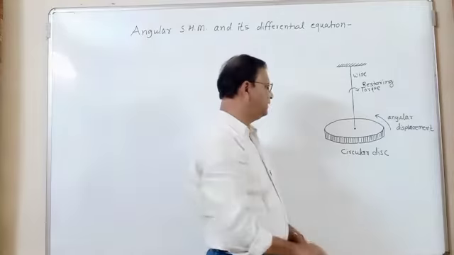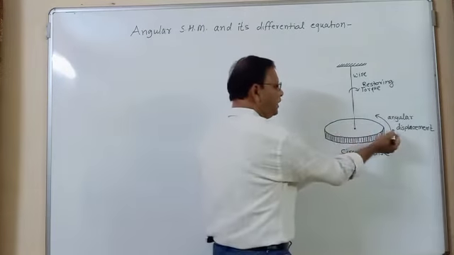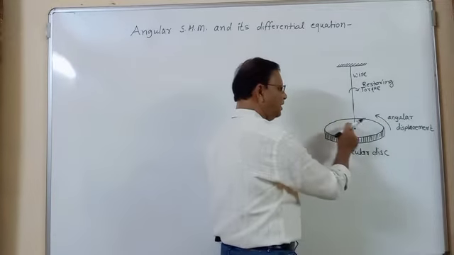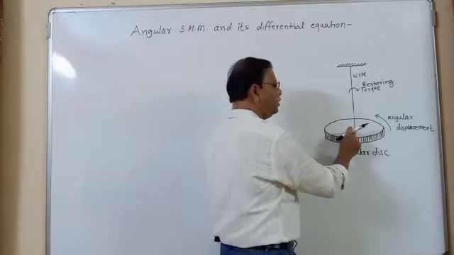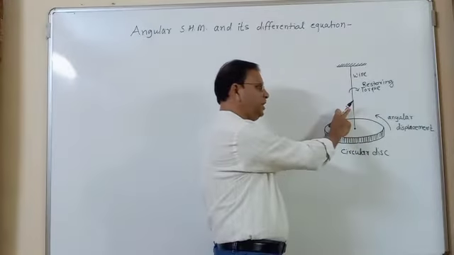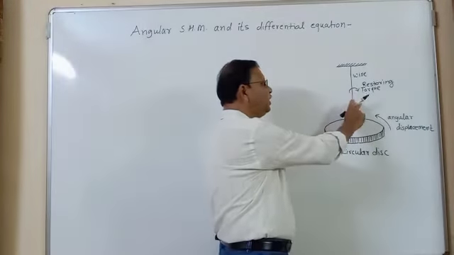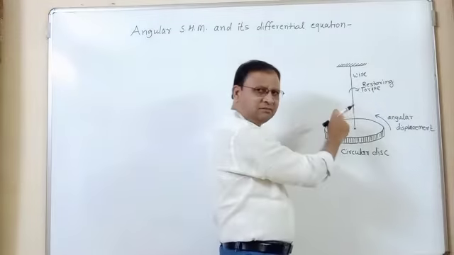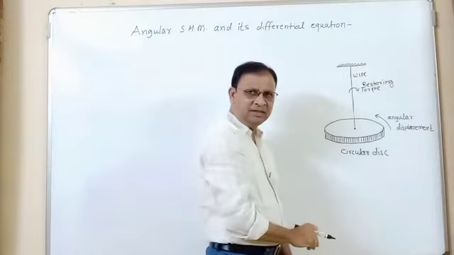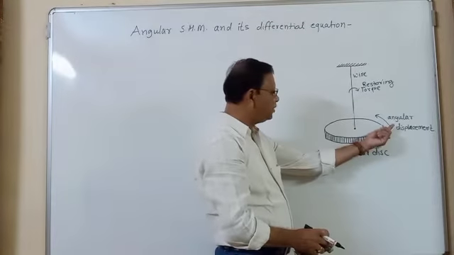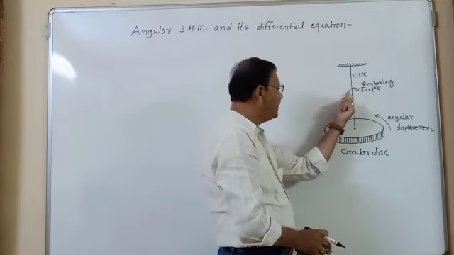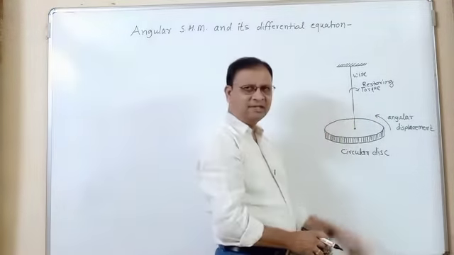What happens here: when the disc rotates towards the left, or anti-clockwise direction, the wire connected to the disc gets twisted, and as the wire gets twisted, an internal restoring torque is created in the wire which tries to restore the disc to its equilibrium position. That means when the disc rotates in anti-clockwise sense, the restoring torque is created in clockwise sense.